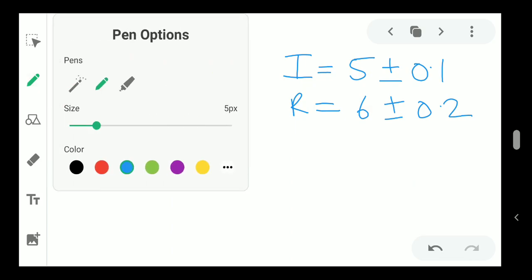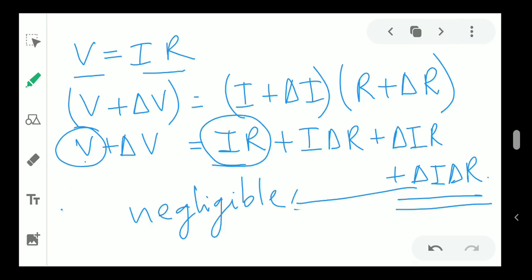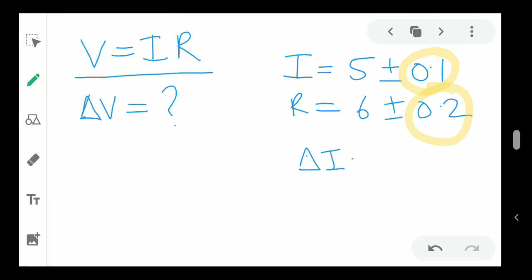This part I'm talking about is a fraction, and this is also a fraction. So delta I and delta R both are fractions, so in that case that term can be neglected.